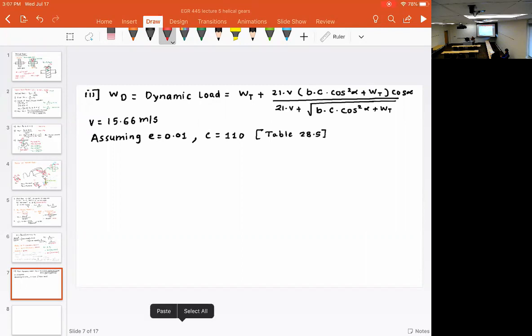So WD. Can someone tell me the value of WT? WT was in terms of module. No, it's steel. Isn't that for 14?